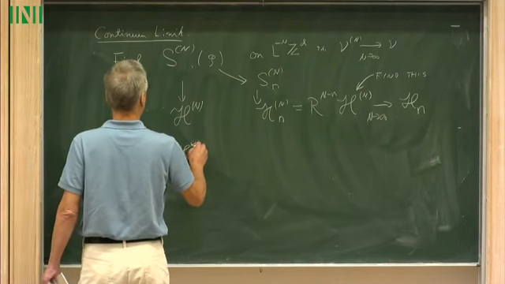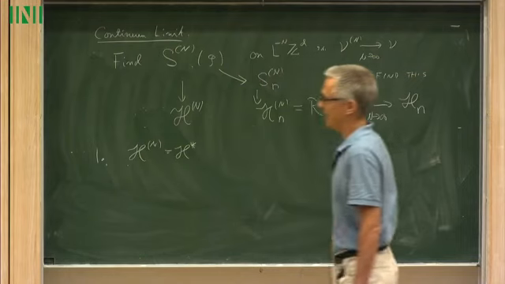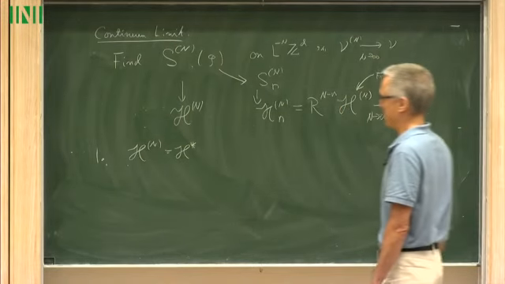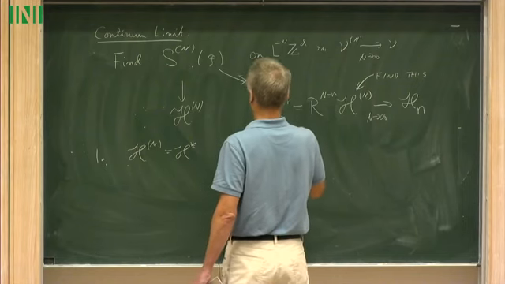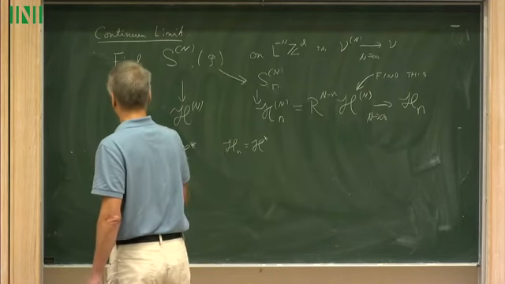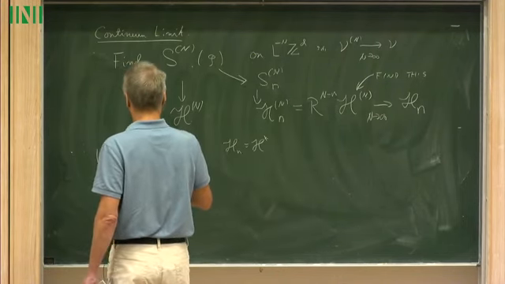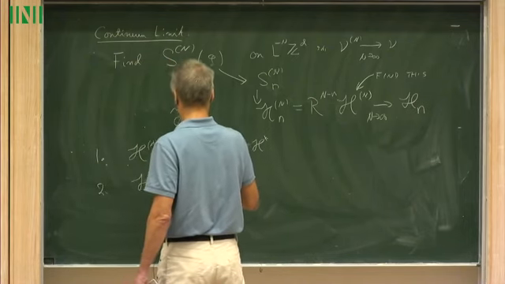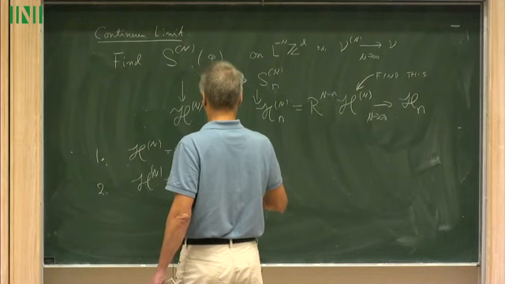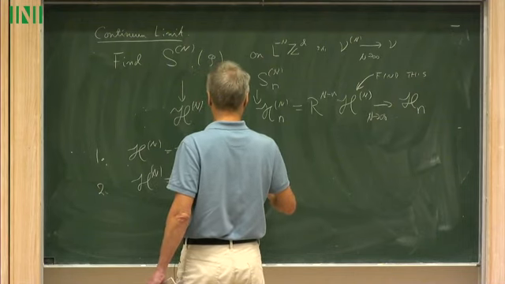Okay. So that's what I discussed there. That's the scaling limit. Okay. Then all H_n are H star. You could do something slightly different by taking H_N a critical Hamiltonian, something belonging to the stable manifold of the fixed point.